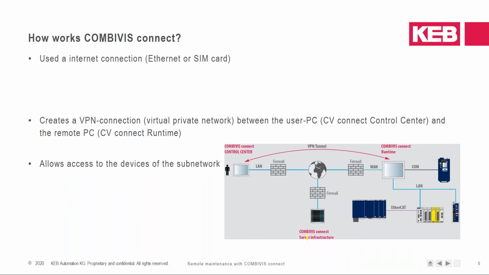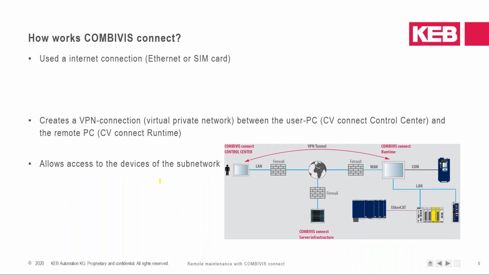The next point we can see here is how it works: we create a VPN connection between the user PC, for example my PC, where the COMBIVIS Connect Control Center is installed, and the remote PC, in that case the COMBIVIS Connect runtime, which is installed, for example, on the C6 router or a Smart. And between these devices or components, we build up the VPN connection, the virtual private network.